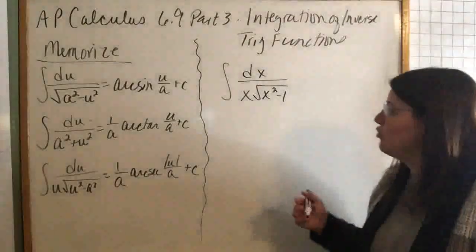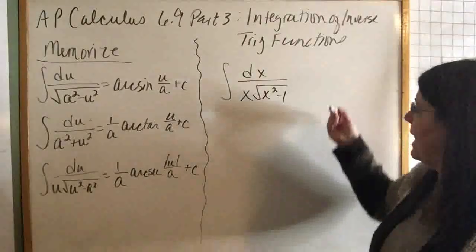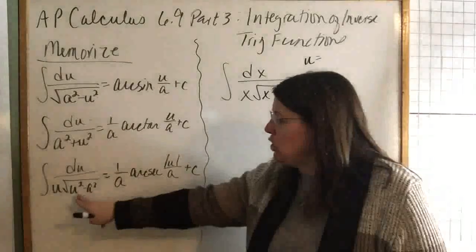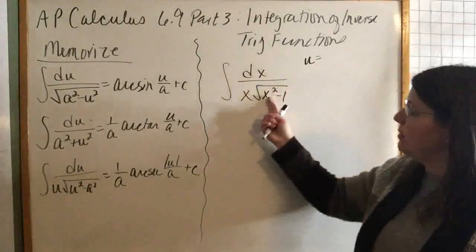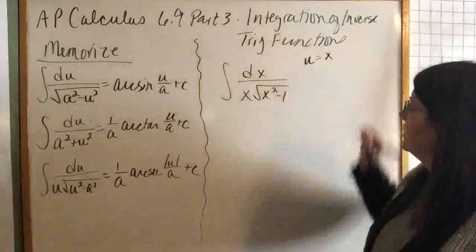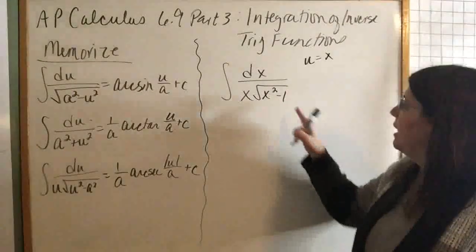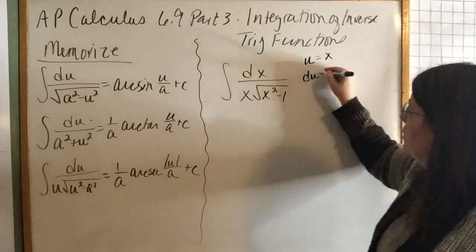So if I just try to name my u and my a, I always deal with the u part first. My u is the part that has the x in it. So I'm going to say u here is x, because I need to have a u squared, so u is x. I'm going to say that du then would be dx.